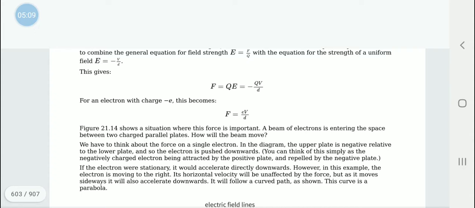Then leave a line and write: if a single electron is considered, as it would have a negative e charge, the equation becomes F equals simply eV upon D. That means the charge of the electron multiplied by the voltage divided by the separation.